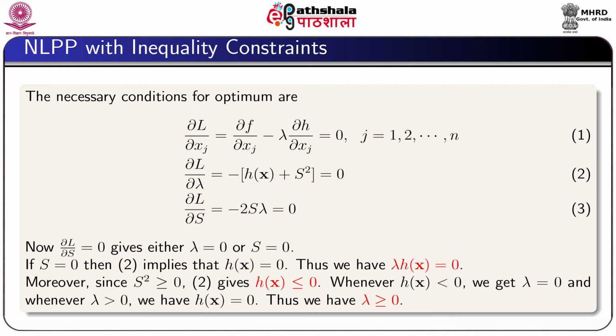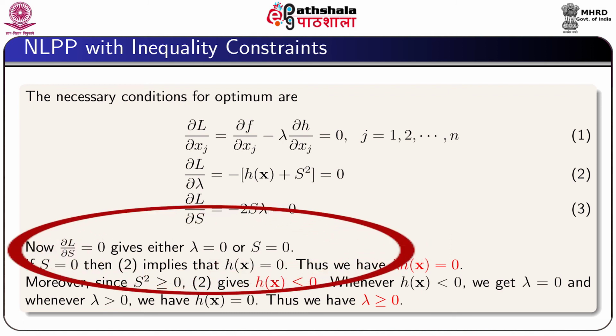The necessary conditions for stationary points are del L del xj equal to del f del xj minus lambda into del h del xj equal to 0 for j equal to 1 up to n. Del L del lambda is equal to minus (h(x) plus s square) equal to 0, and del L del s equal to minus 2s lambda equal to 0.